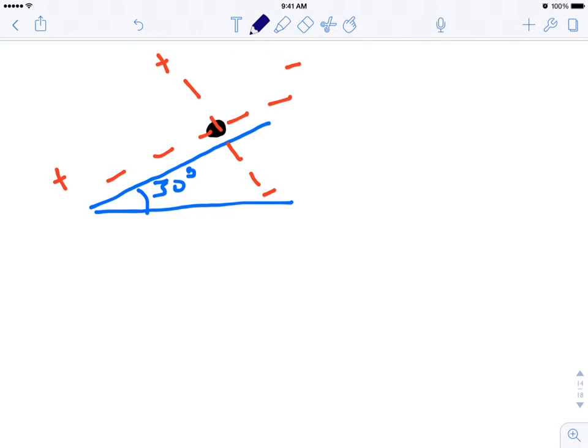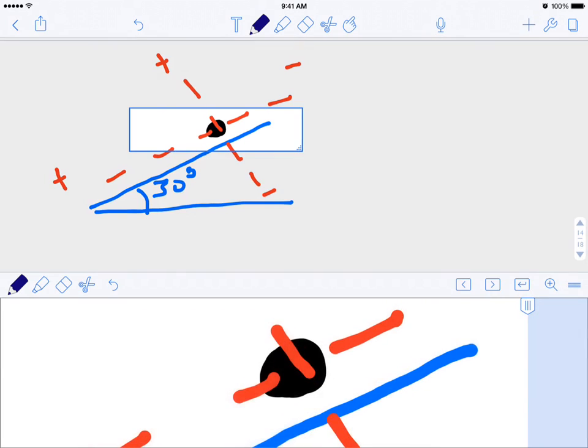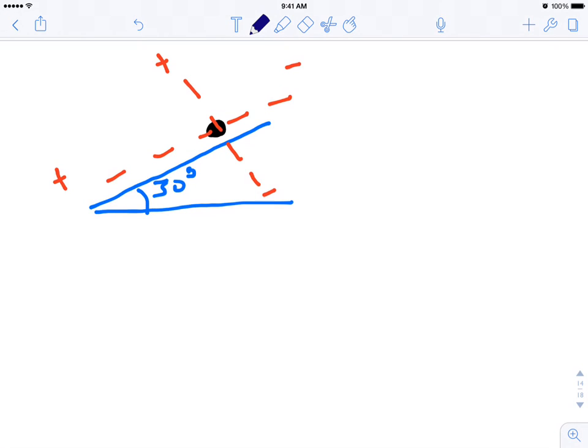For my forces, I'm going to add in, as we did in previous problems, a weight force or force of gravity going straight down, a normal force that is perpendicular to the surface, and a kinetic friction force working against the motion of the turkey.